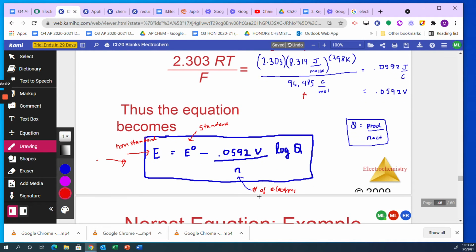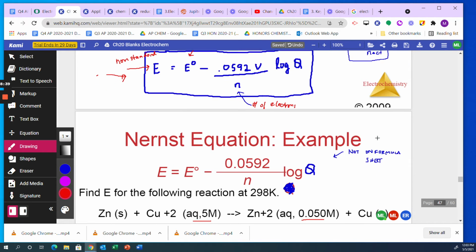This adjustment depends on 0.0592 volts, which is the constant we got already. N is the number of electrons transferred, and then log of Q, where Q is the reaction quotient, products over reactants. So let's practice it.